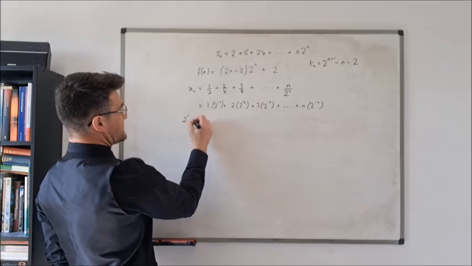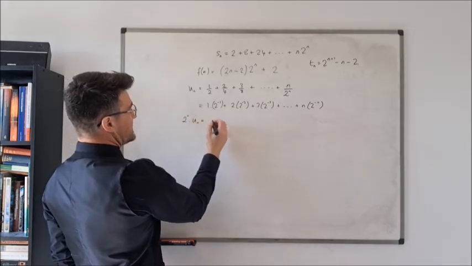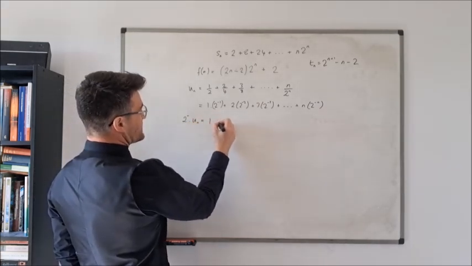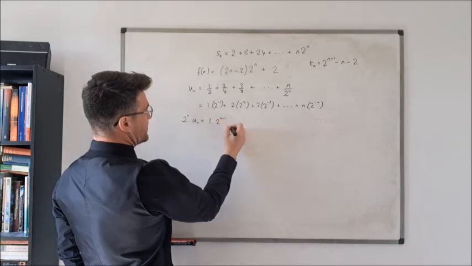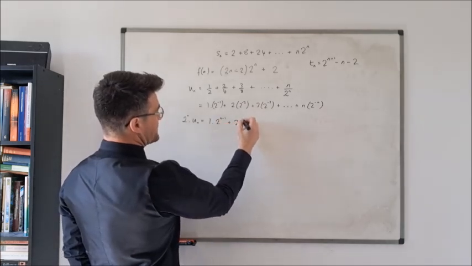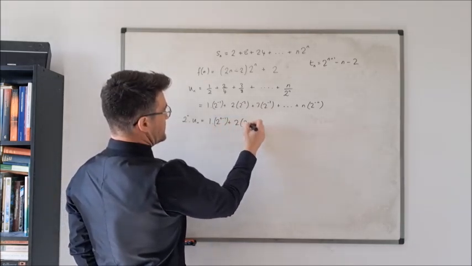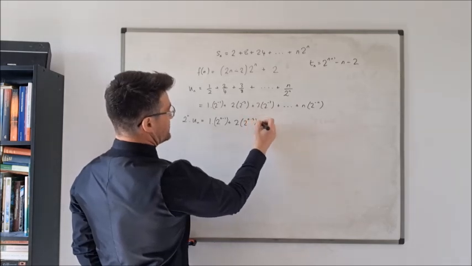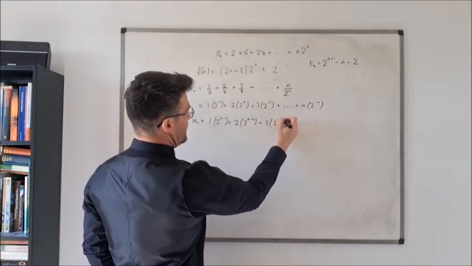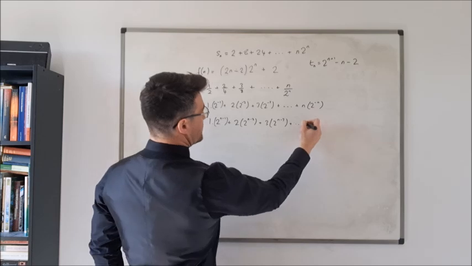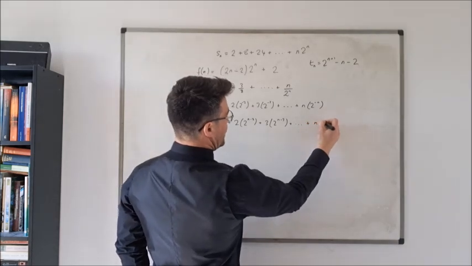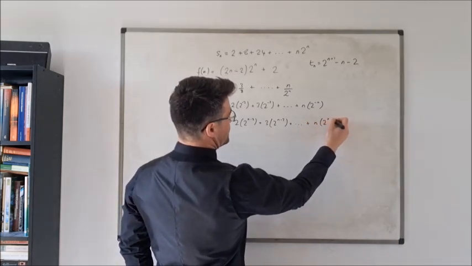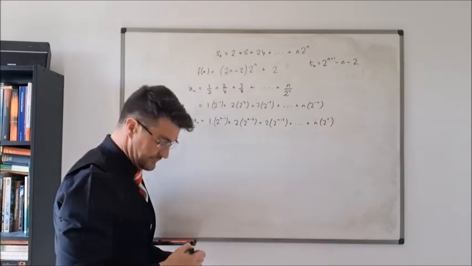So you get 2 to the power of n times u sub n is equal to 1 times 2 to the power of n minus 1 plus 2 times 2 to the power of n minus 2 plus 3 times 2 to the power of n minus 3, all the way up to plus n times 2 to the power of 0.